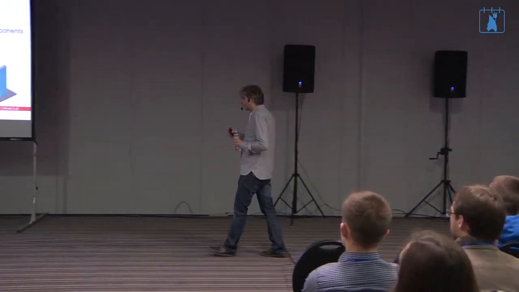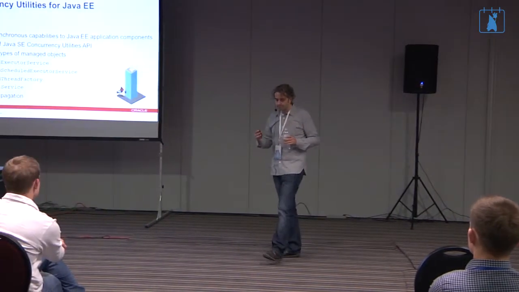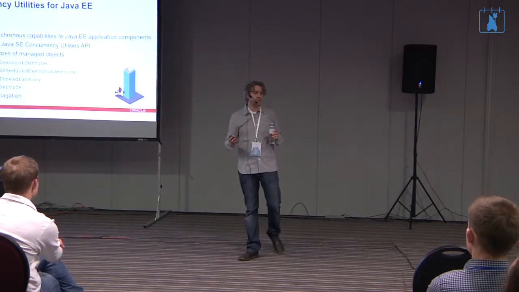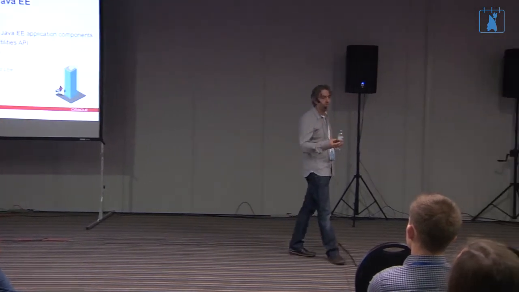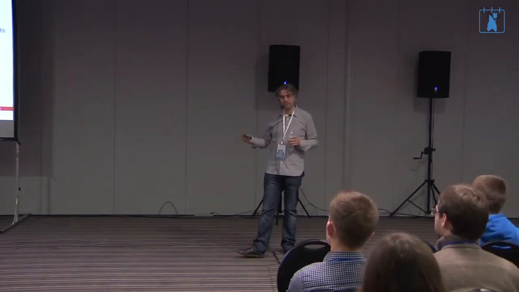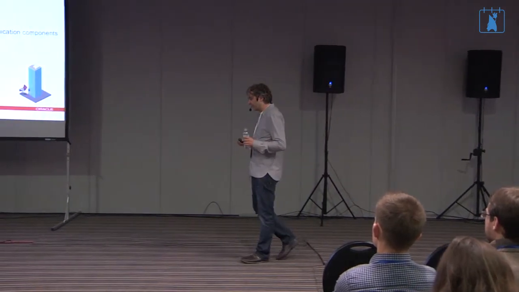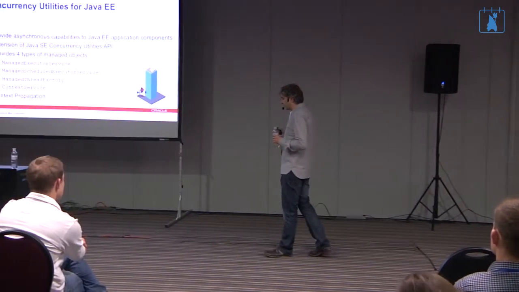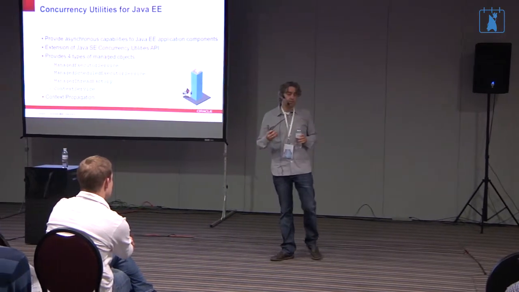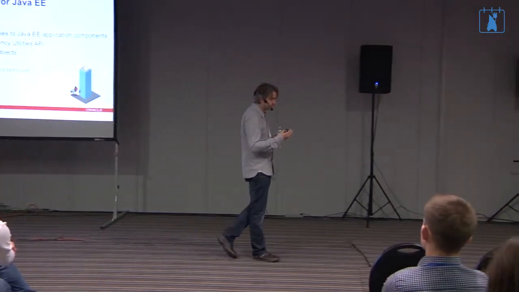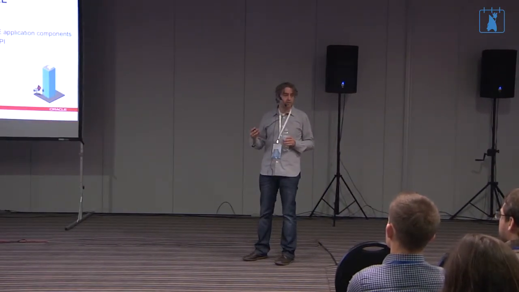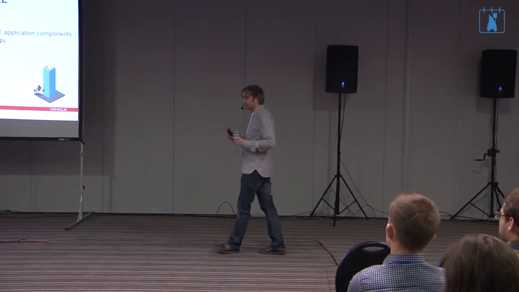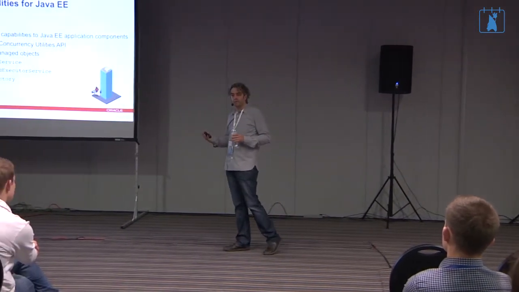Why? Well, if you look at Java EE, you have your application server, it's a container, it's a managed environment, and you deploy within that managed environment your Java EE components, so your servlets, your EJBs, and so on. And by doing that, the container provides you services, such as transaction management, security, etc. But there are some contracts you need to follow. And one of the contracts is that you cannot spawn new threads from your components.